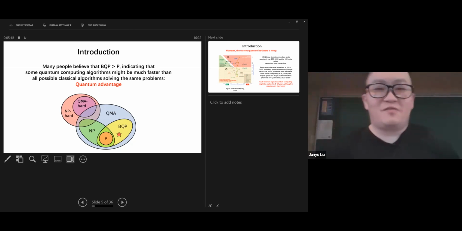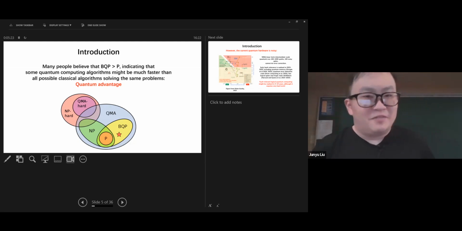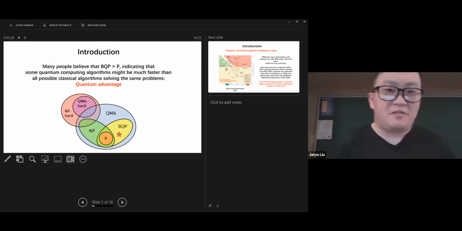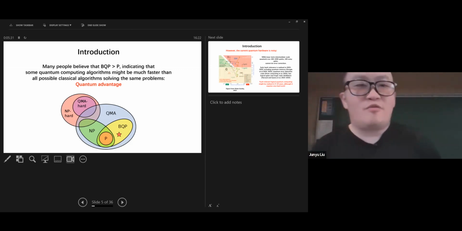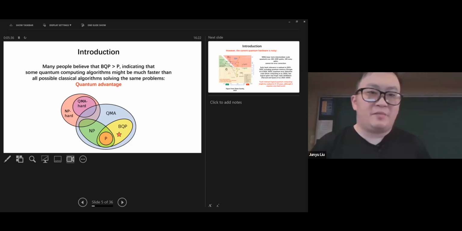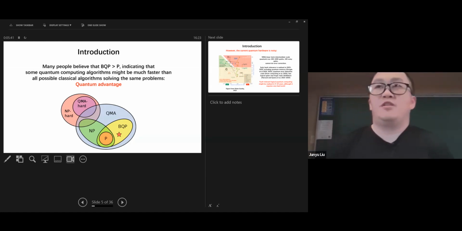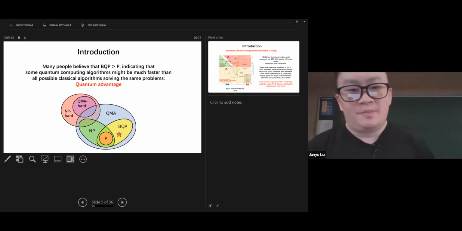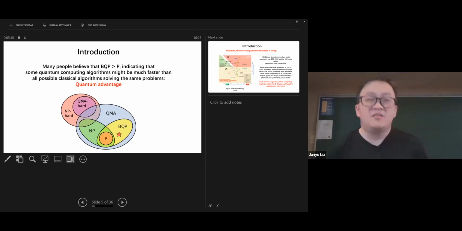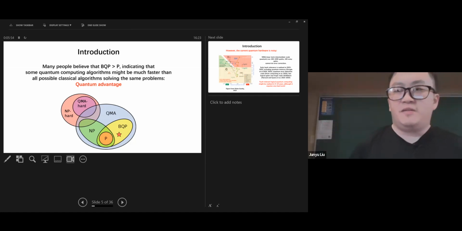Here is a version of the Venn diagram that many people believe. In summary, many people believe BQP is larger than P, which means that some quantum algorithms might be much faster than all possible classical algorithms that could solve the same problem. This is what we nowadays call quantum advantage. More precisely, we are interested in figuring out where the applications are, the star here, that are inside BQP but not inside P.